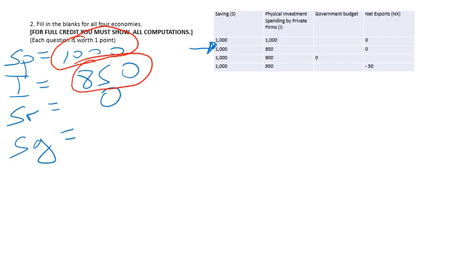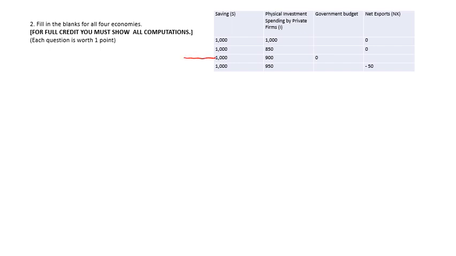So SG would be negative 150. The government, given its government budget deficit, will withdraw this money. So the answer is negative 150.